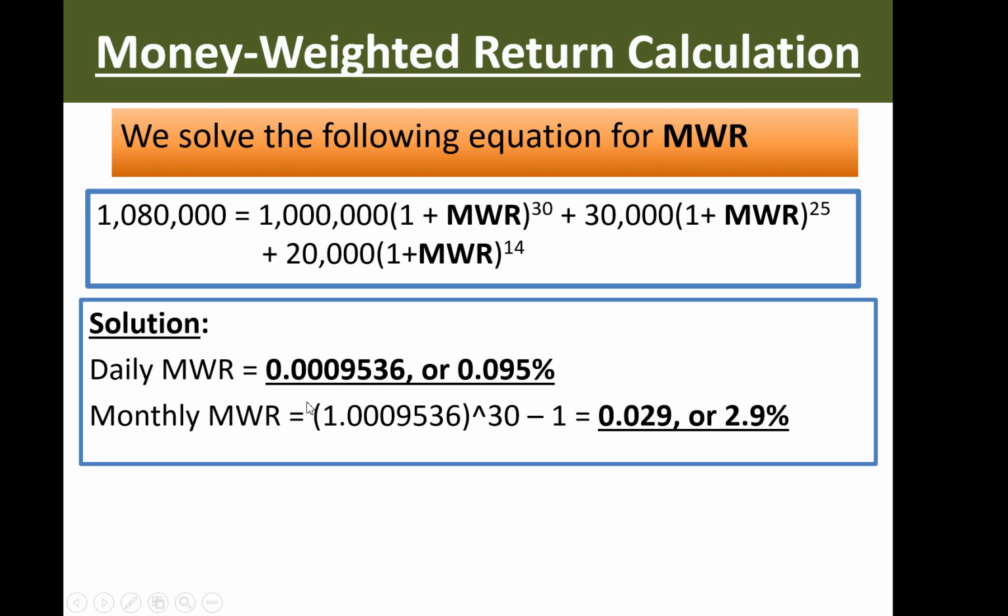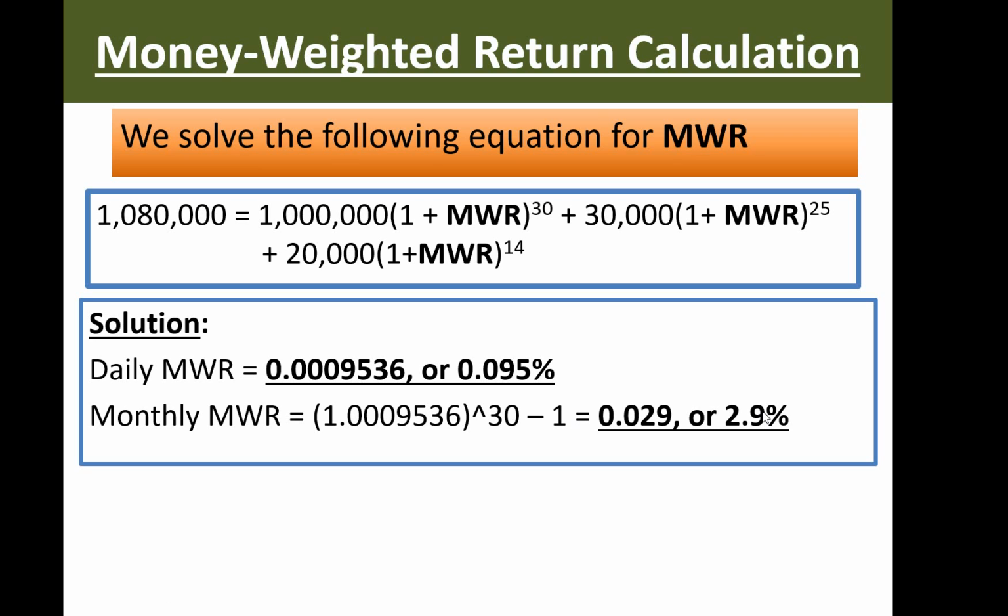So for this case, the monthly MWR would simply be: you add 1 to this daily return, take it to the 30th power, which represents the number of days in the month, and subtract 1 to get 2.9%, which is very similar to the time-weighted return calculation that you saw in the previous slide. In general, there's not going to be too big of a difference between the money-weighted return and the time-weighted return calculations for a similar portfolio, but there will be cases when they could be different.